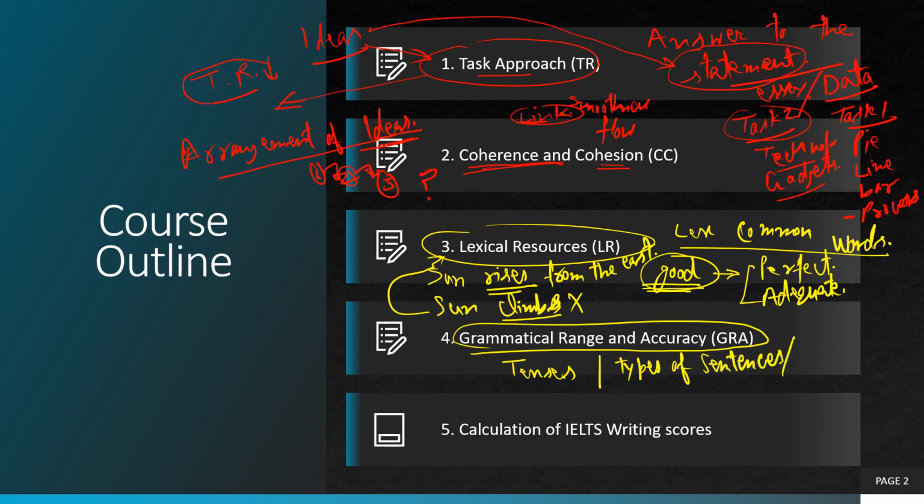And the last one is we know how to make use of punctuation marks. Okay, so punctuation marks are very important. We'll discuss it in detail in the next slides. In the last, we'll discuss how to calculate the IELTS scores.